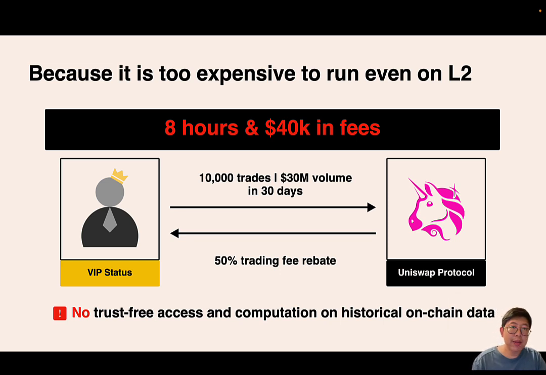So even on the cheapest layer 2 blockchains, it still takes 8 hours and 40K in transaction fee to just compute the trading volume of 10,000 trades for a single user in the last 30 days. So it basically means that to build any kind of data-driven and complex computation features on blockchain today is not possible.